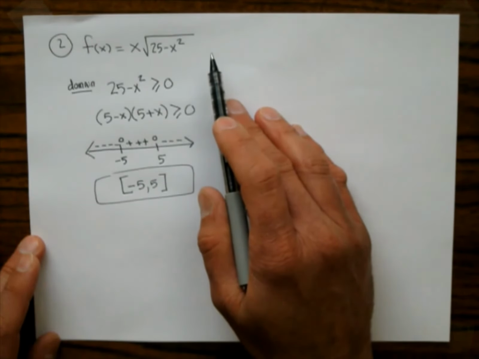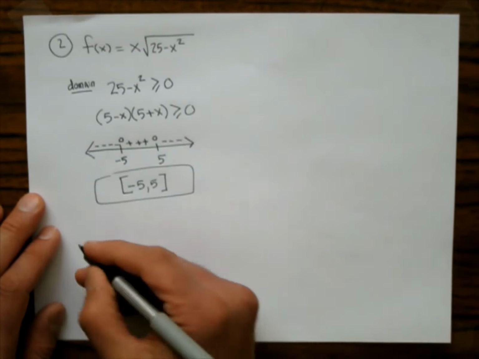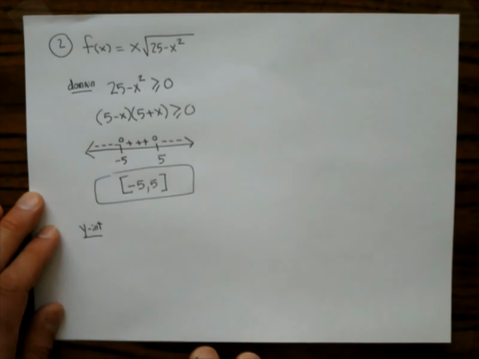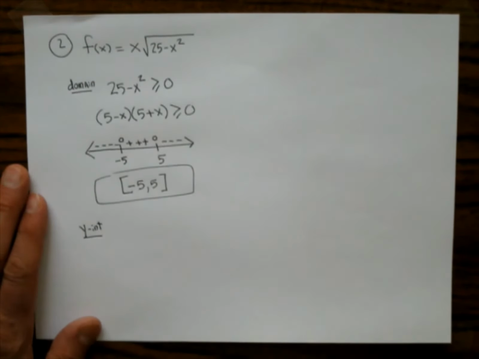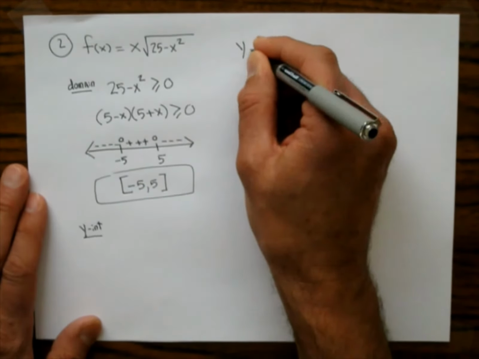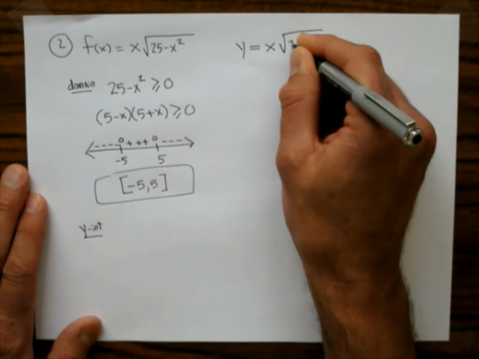function. Let's go ahead and do the next thing on our list, which would be the intercepts. So I'm going to go ahead and find the Y-intercept. To find the Y-intercept, I set x equal to 0. And if you like, your function can be written like this.